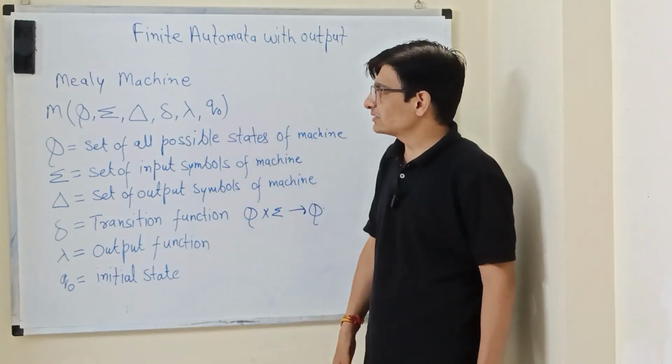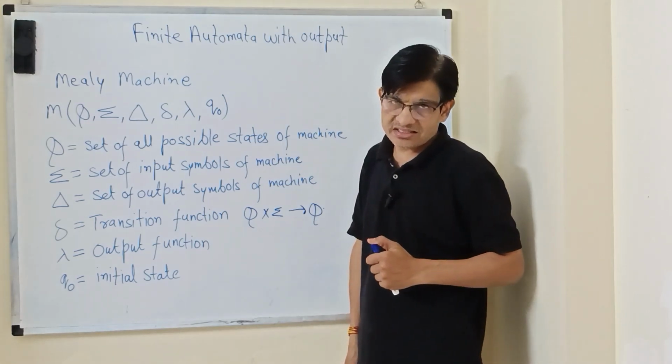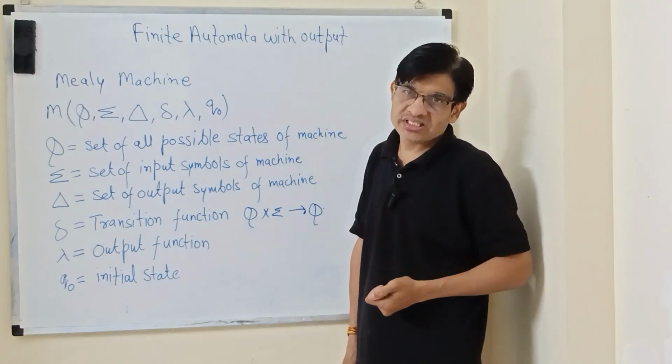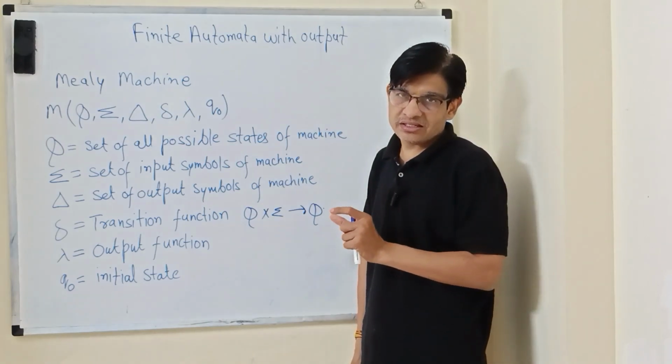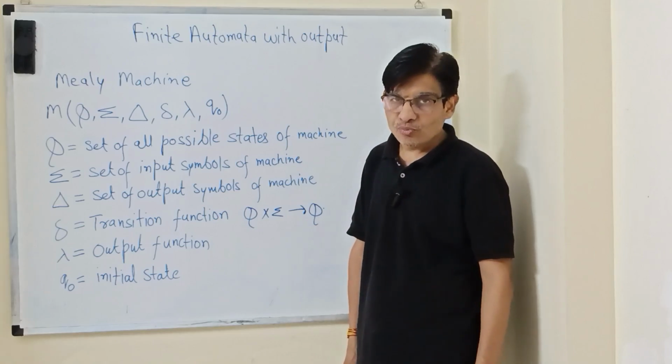As you know friends, in Moore machine, the output symbol was associated with each state, but in Mealy machine, the output symbol is associated with the transition. That means when we are moving from one state to another, in that duration, the machine is giving some output.